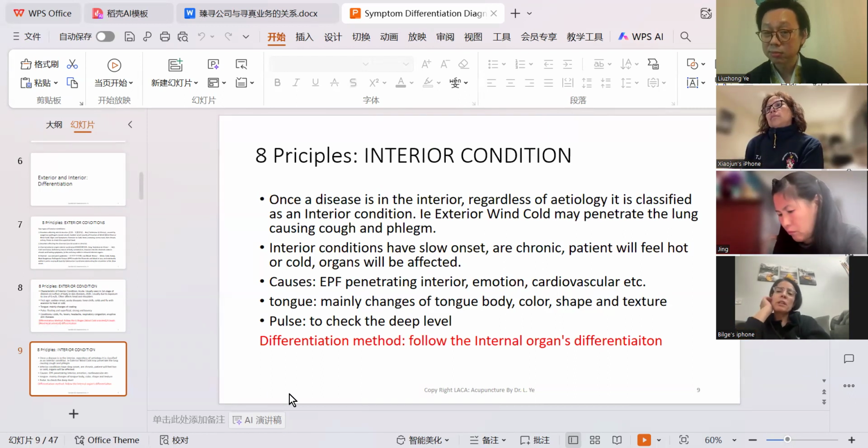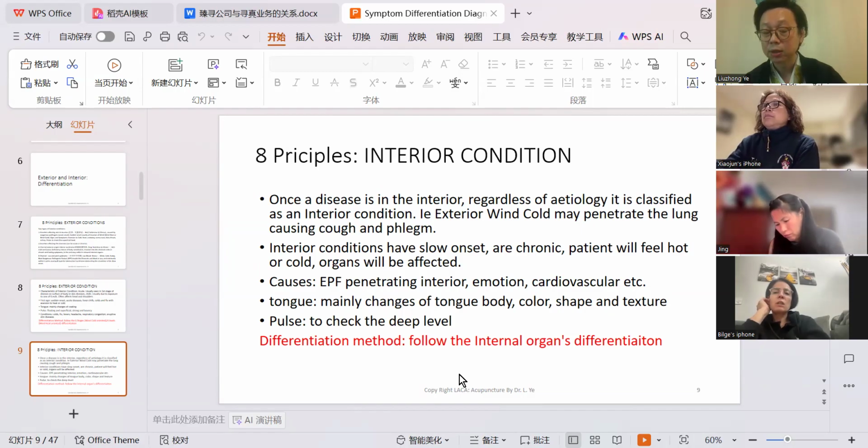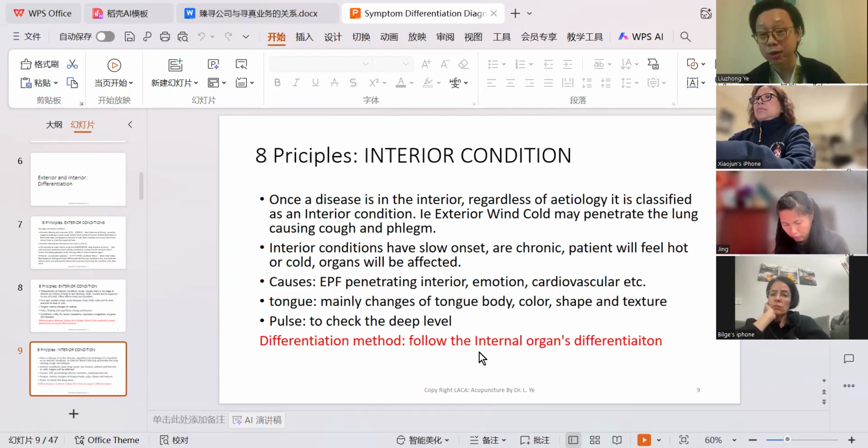If it's interior, it's usually related to the spleen, isn't it? When the spleen chi goes down, or liver invasion, or kidney deficiency. There can be all that. But for a person who had diarrhea from food poisoning or a stomach bug, this is coming from outside. So this is still called exterior.